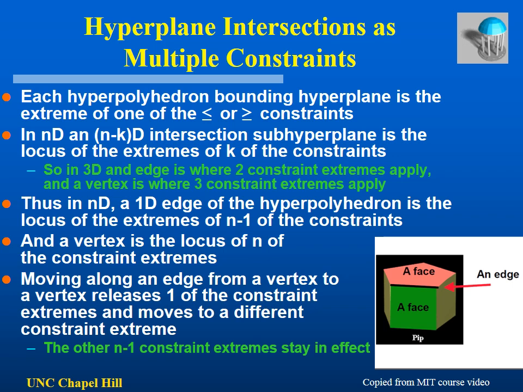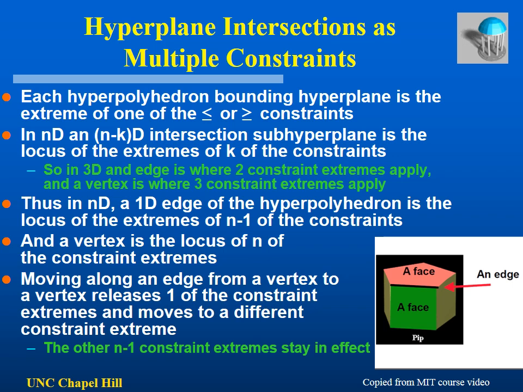And then as you move to the other end of the line, the other vertex, you pick up the extreme of a different constraint. As you walk along the line, n minus 1 of the constraint extremes stay in effect, and you're swapping one constraint extreme for the other by moving from one vertex to the next.